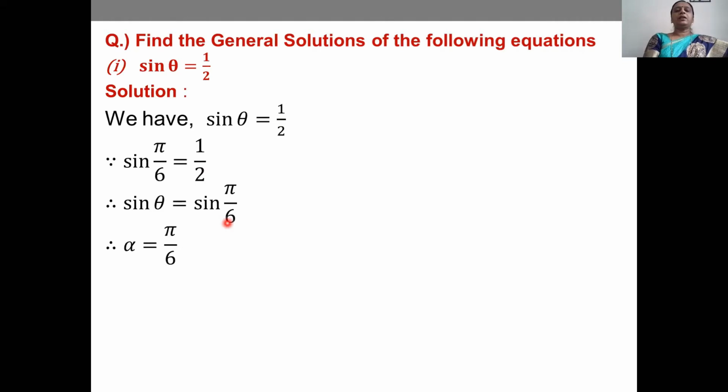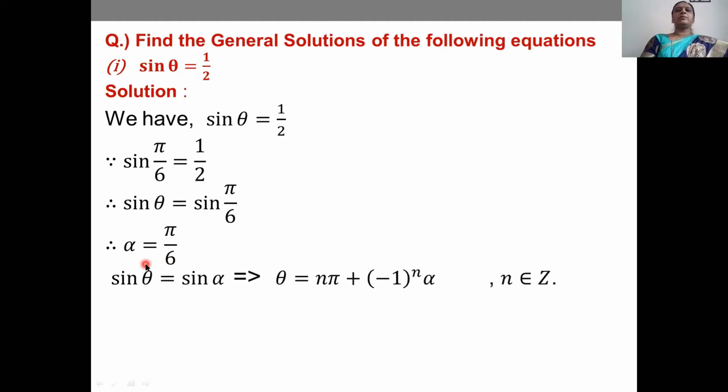Now compare this equation with sin theta is equal to sin alpha. This is in the form sin theta is equal to sin alpha, where alpha is pi by 6. If the equation is of the form sin theta is equal to sin alpha, then the general solution is theta is equal to n pi plus minus 1 raised to n into alpha, where n belongs to z.